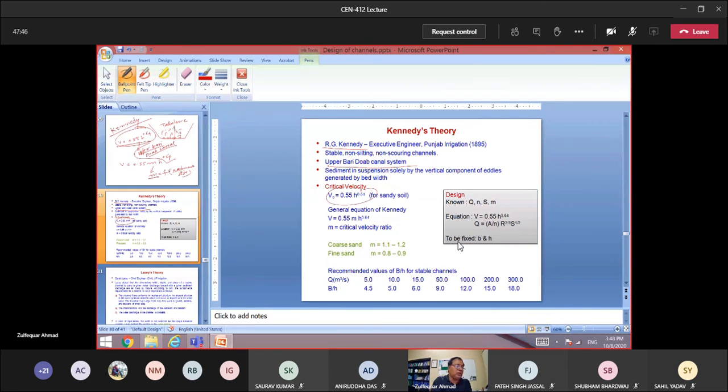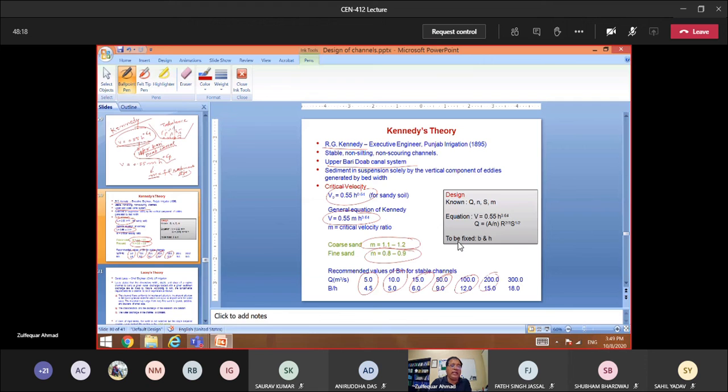This m is introduced for the other types of material. For coarse sand, this value of m is 1.1 to 1.2. For fine sand, this value is 0.8 to 0.9. And this is the value of B by H for the different values of Q, given here.